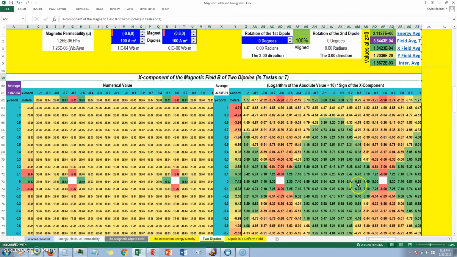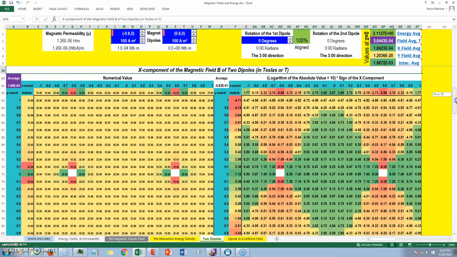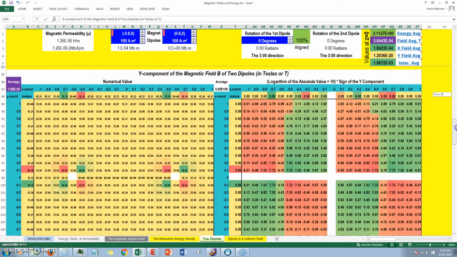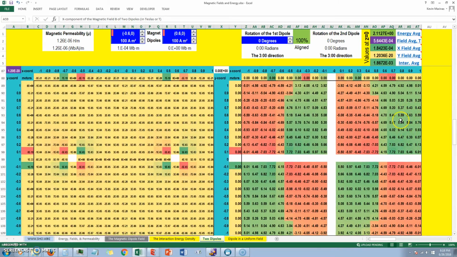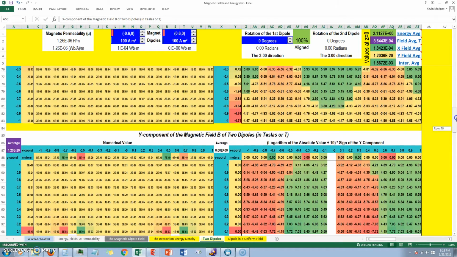So here's your 0, 0. Here's your y equals 1, and this is in meters. This is x equals 1 in meters. Okay, so just going down, well, here, there's our green area and our red area.